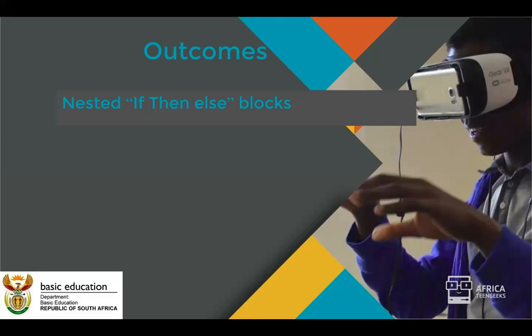Today we are going to look at nested if-then else blocks. There is a difference between if-then and if-then else, so we are going to take a look at if-then else blocks. We are going to look at using random numbers in Miss Sora. What are random numbers, how do we use them, and where can random numbers be helpful when we are coding?